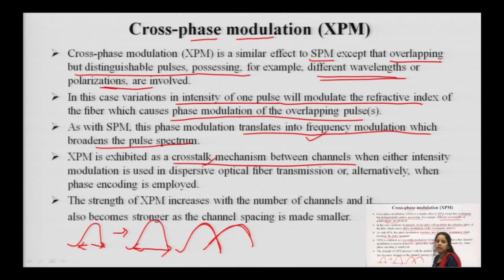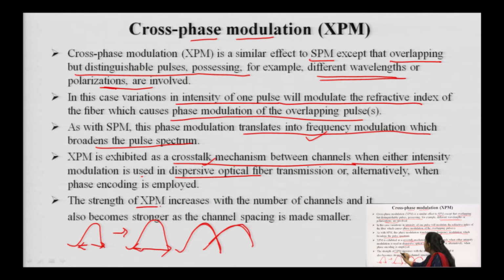Then we can't distinguish between the two different signals, and this condition is called the crosstalk mechanism between channels. When intensity modulation is used in a dispersive optical fiber transmission, dispersion is involved, overlapping takes place, and we can't distinguish between the two adjacent signals.